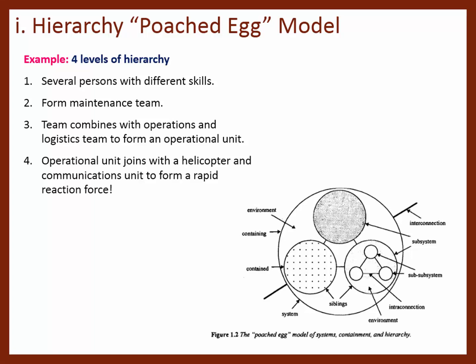So this is, again, a very simple representation of that hierarchy. You have circles, and each circle represents a boundary for that system. But as you can see, within each circle there are other circles that are connected to each other.